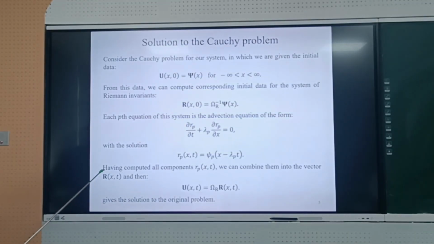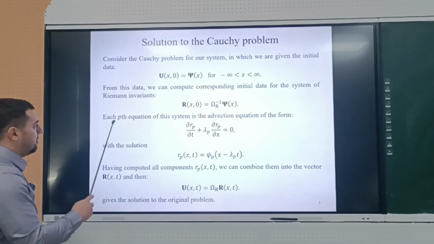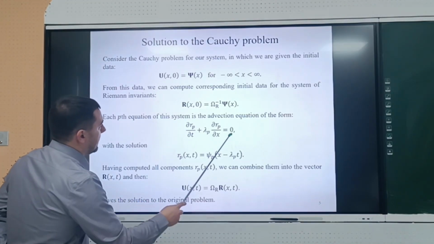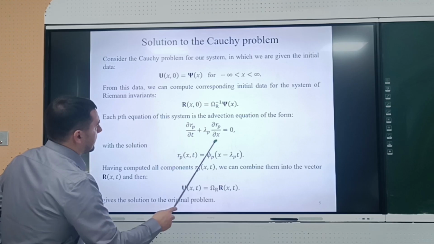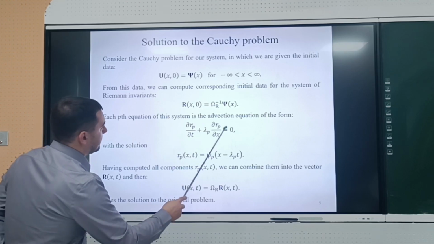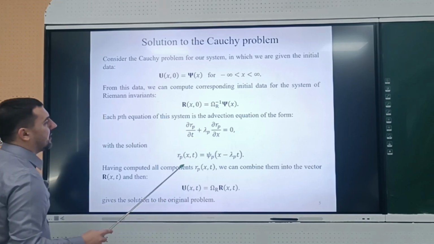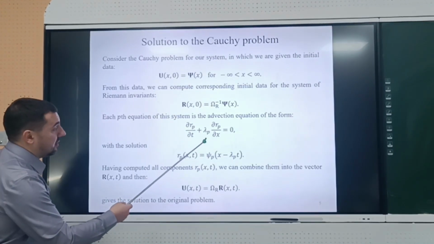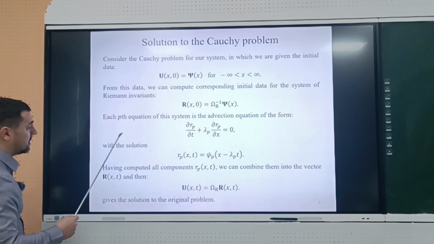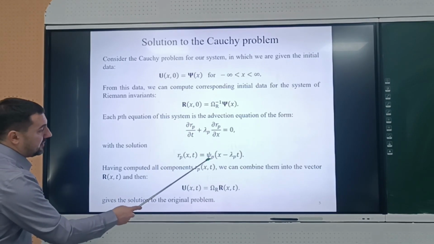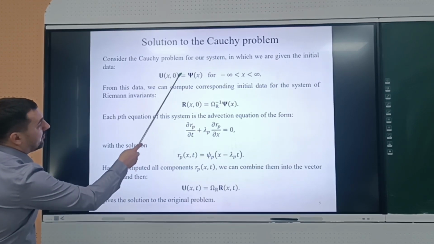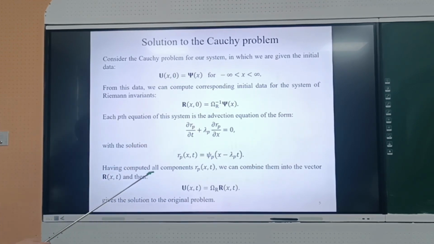For each p-th equation of the system, we have m decoupled linear advection equations, right? And we know the exact solution for each of these equations. The exact solution is ψ_p(x − λ_p t), where ψ_p is the corresponding component of the initial data for the Riemann invariants.